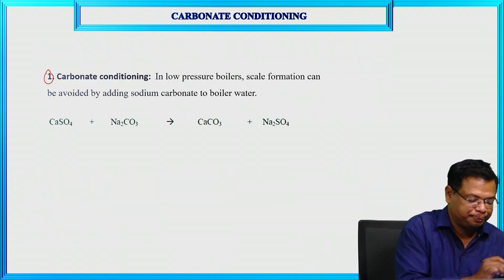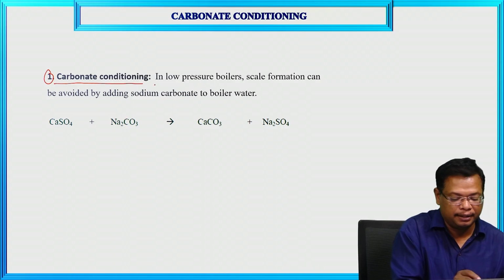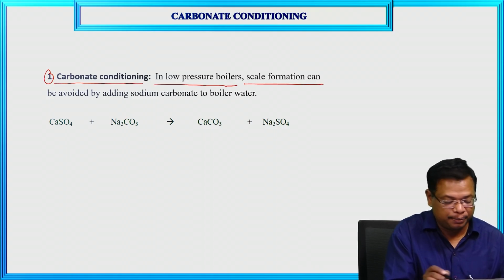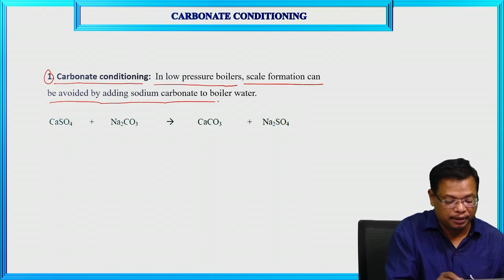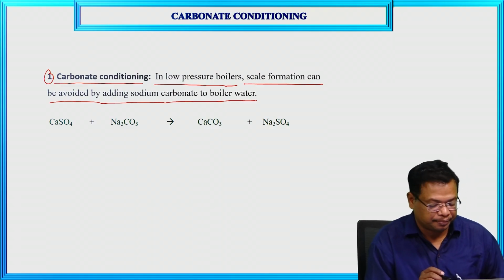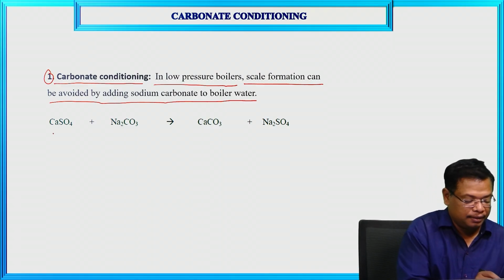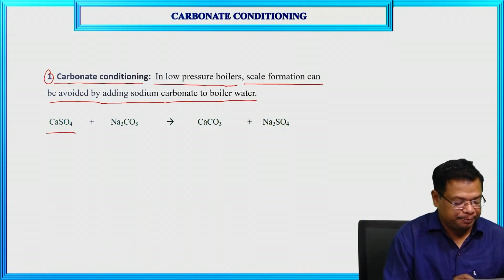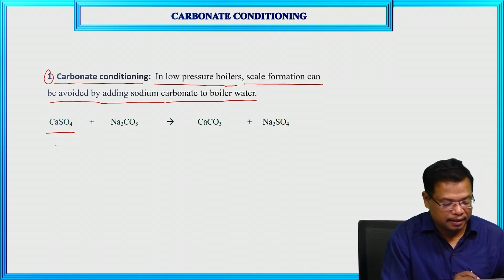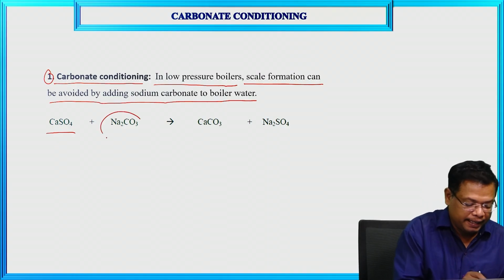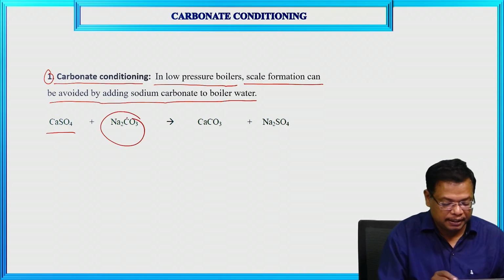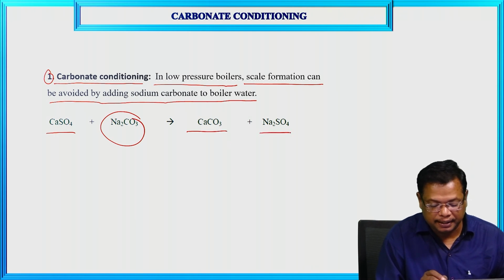First one, carbonate conditioning. In low pressure boilers, scale formation can be avoided by adding sodium carbonate to boiler water. For example, calcium sulfate is a permanent hardness causing salt. When you add sodium carbonate, it becomes CaCO3 plus Na2SO4.